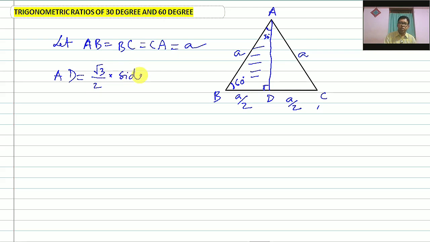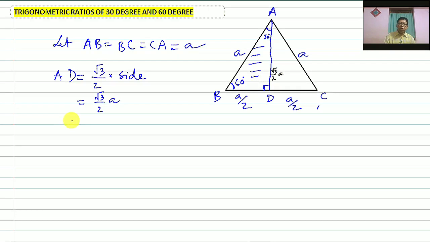This is a formula to find the altitude of an equilateral triangle. What is the side measure? Side is equal to A units. So AD is equal to root 3 upon 2 into A. You know this one. Now I change the color. Okay, so the altitude is now root 3 upon 2 into A.